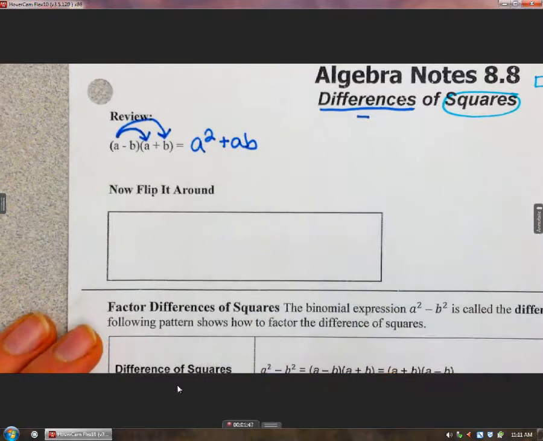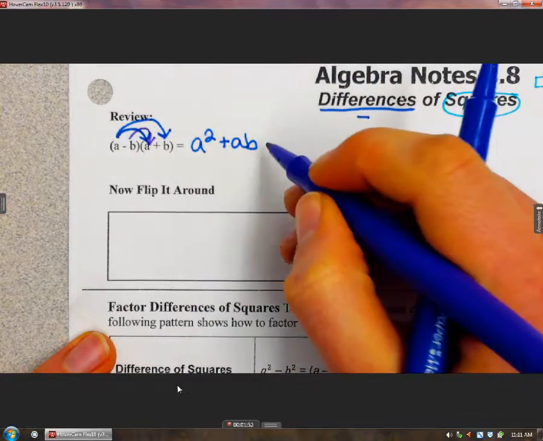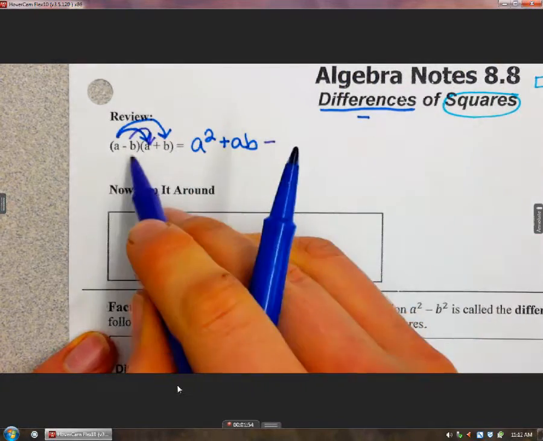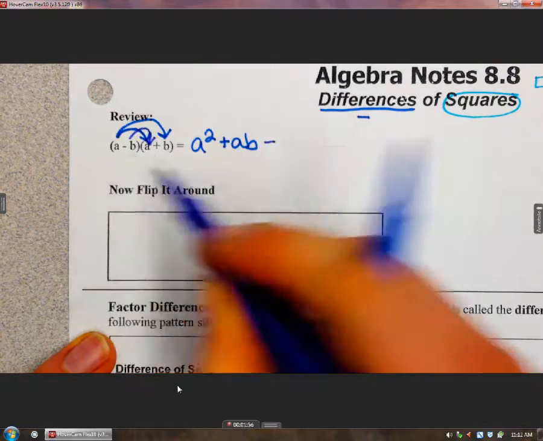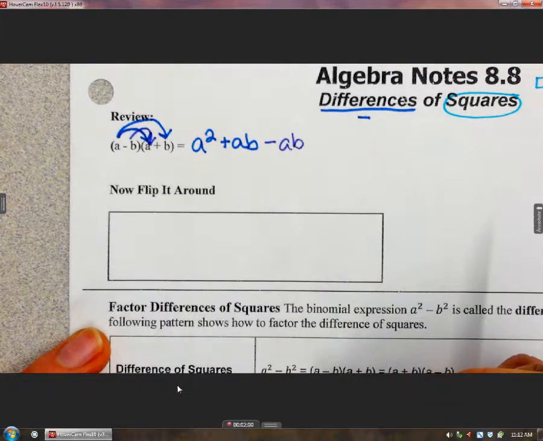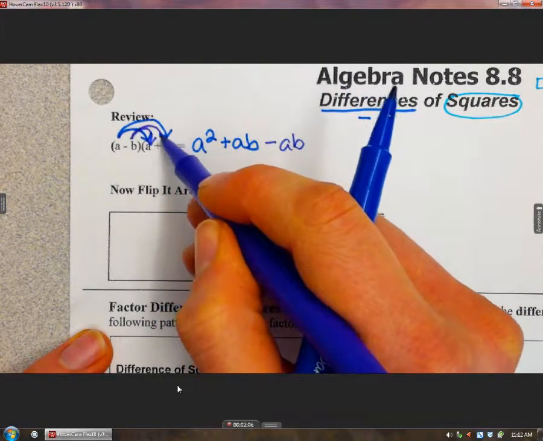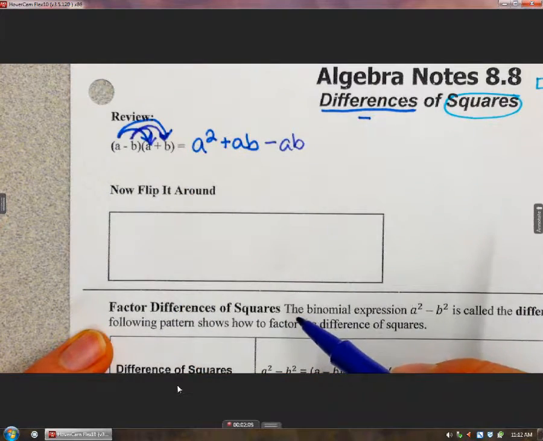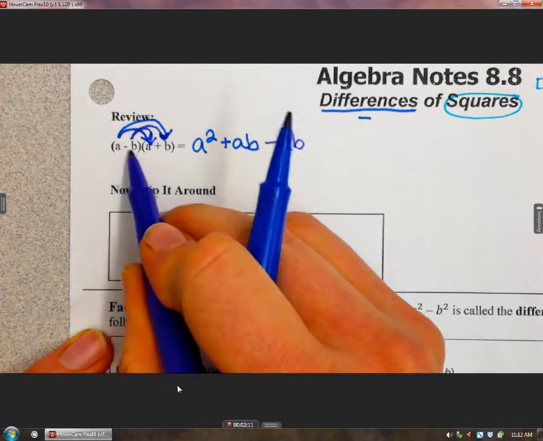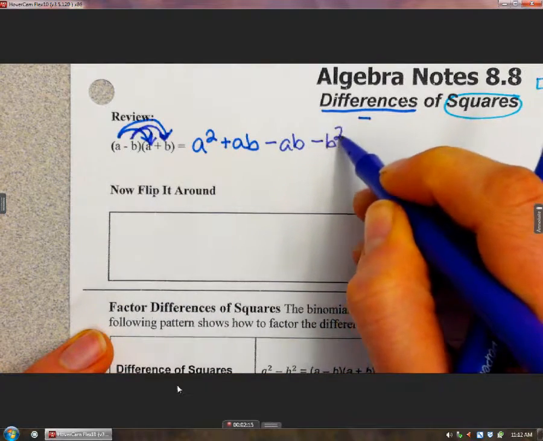And then we would have negative b times a. Instead of writing ba, I'm going to write it ab so it looks the same. B times a is the same as a times b. And then negative b times b is negative b squared.